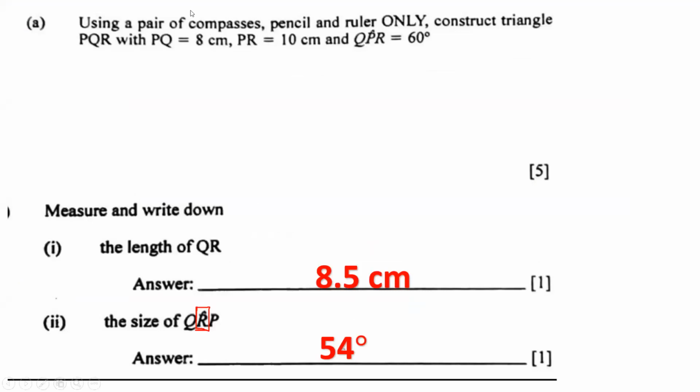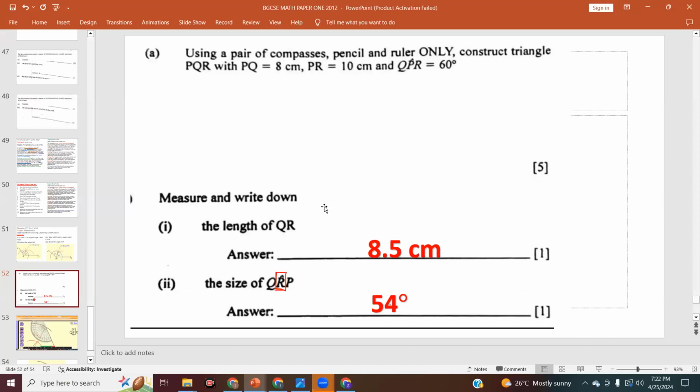It says using a pair of compass, pencil and ruler only, construct triangle PQR with PQ equals 8 centimeters, PR equals 10 centimeters, and QPR equals 60 degrees. The length of QR is 8.5 centimeters. The size of QRP is going to be 54 degrees. All right. So that's good.